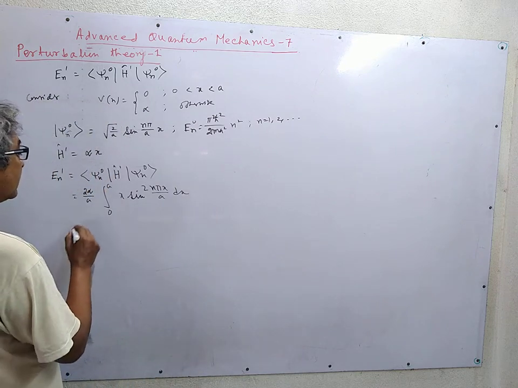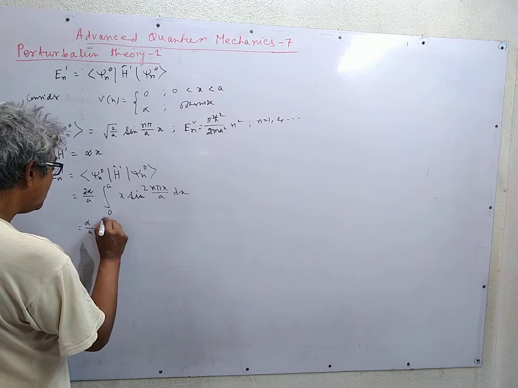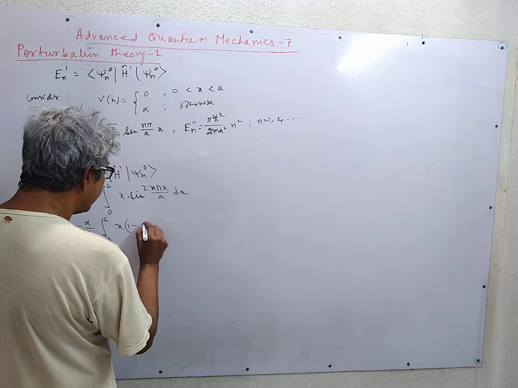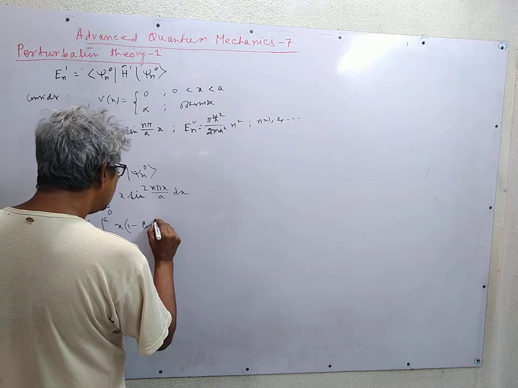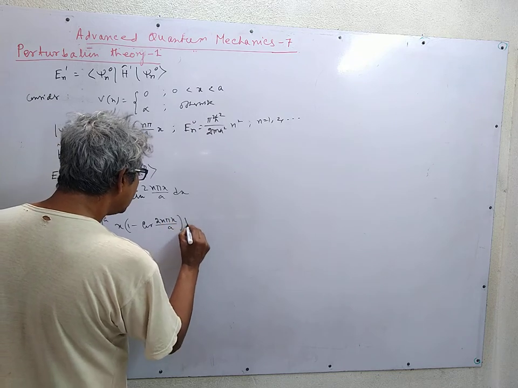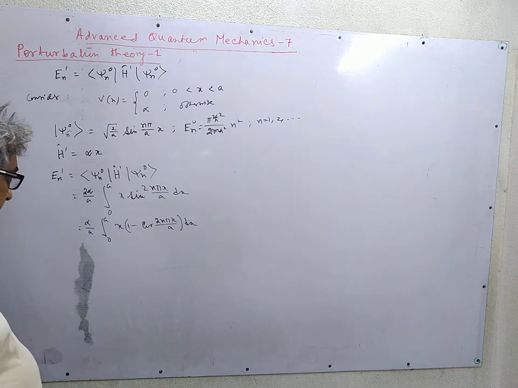This can be written as alpha by a, 0 to a, x times, twice sine square meaning 1 minus cos of 2n pi x by a, dx integrated from 0 to a. It will have two terms.